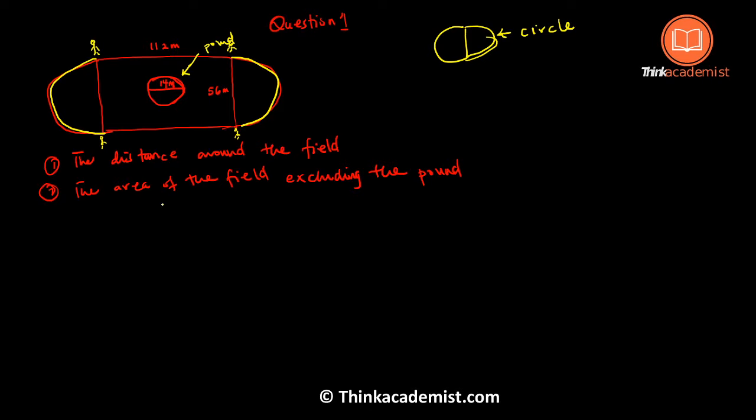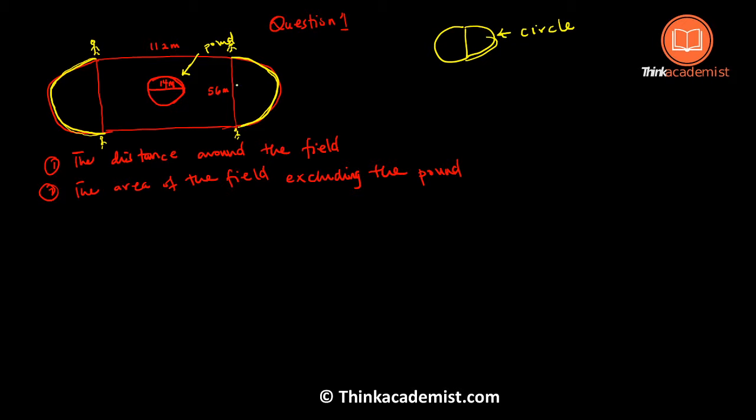Okay? So when we look at it closely, we are looking at the circumference of this semicircle, and then we are looking at the circumference of this semicircle. Two semicircles will come together to give us a circle. Okay? And then they will all use the same diameter. Why am I saying diameter? Because the 56 that has been given to us here is actually the diameter of the circle.